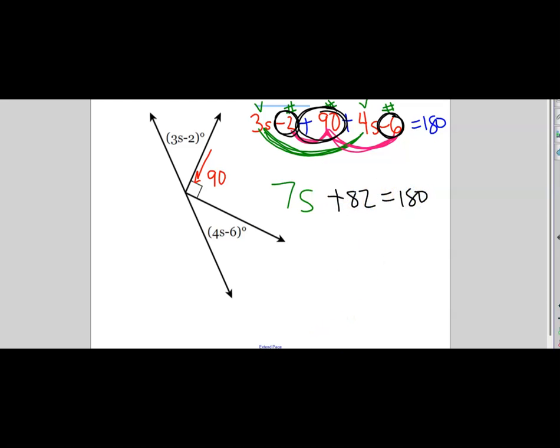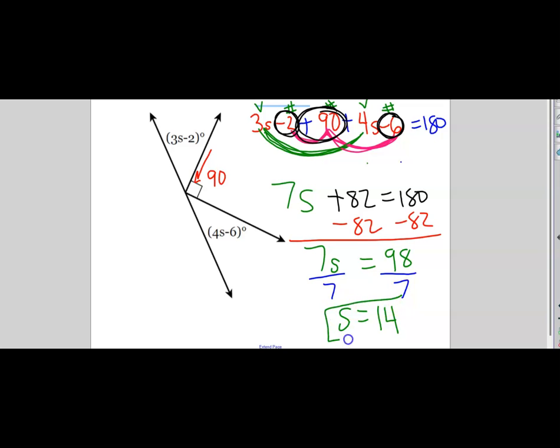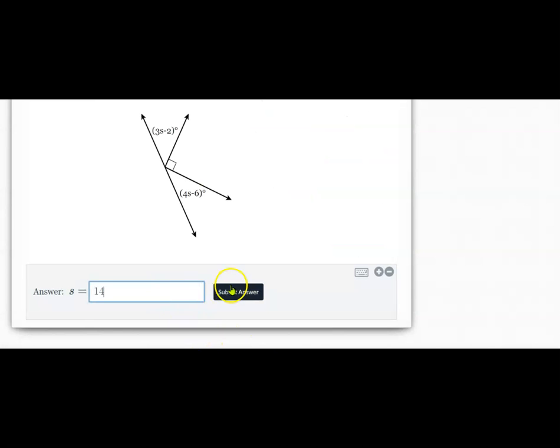Now I'm going to use my inverse operations, subtract 82 from both sides. I get 7s is equal to 98. Divide both sides by 7, and s is equal to 14. So that's what we're going to type here, 14.